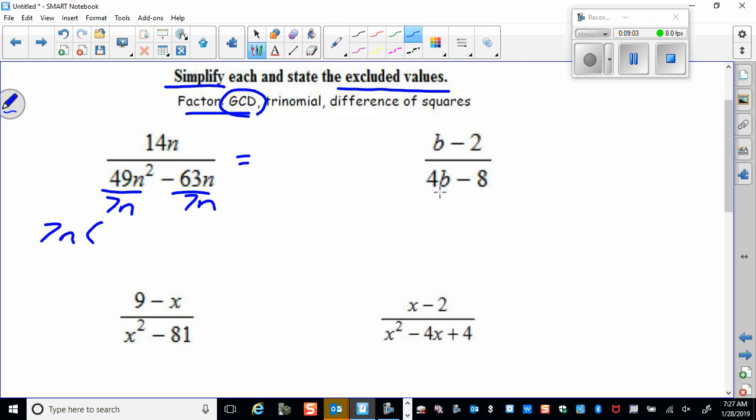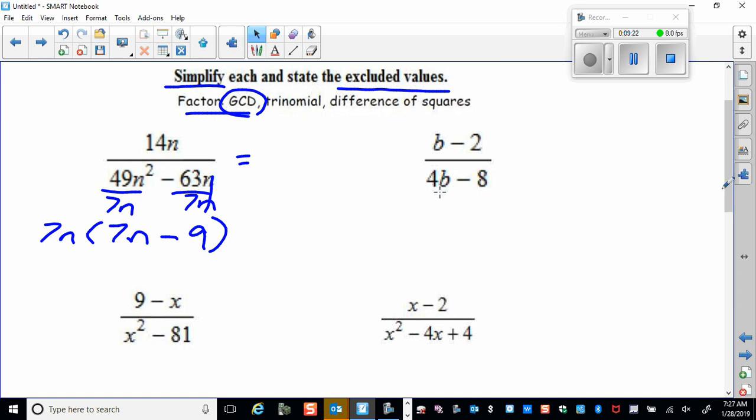So that comes out front, and what's left after I divide would be 7n here. And then negative divided by a positive is negative, so that would be negative 9. And then n divided by n is 1, so that goes away. So those are my factors there. And that's the first step. The first step is factor.